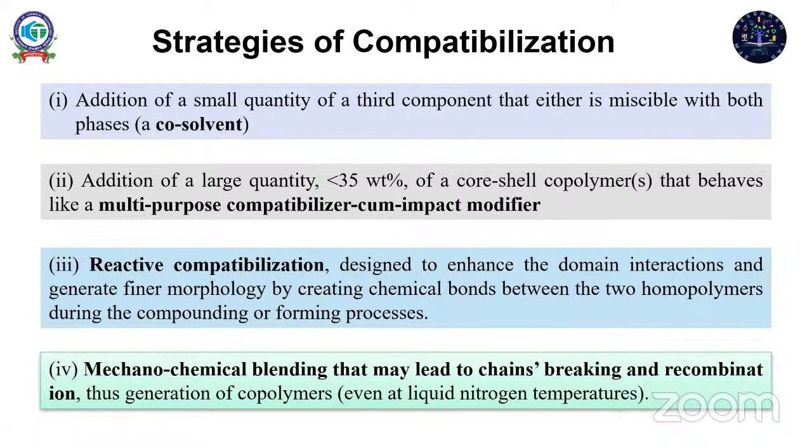For reactive compatibilization, different interactions are induced between polymer A and polymer B by creating chemical bonds between the two different polymers, either during compounding or during the forming process. Or you can have mechanochemical blending, or in situ reactive compatibilization. That can lead to first chain breakage and then recombination of those chains, which can generate a copolymer. This copolymer will again compatibilize two different polymers.